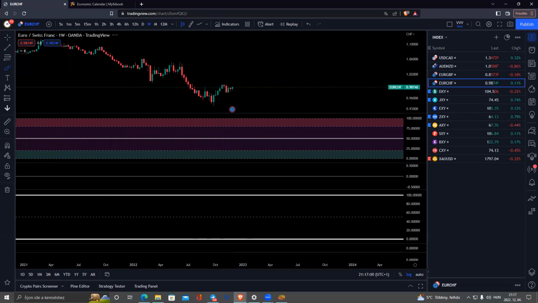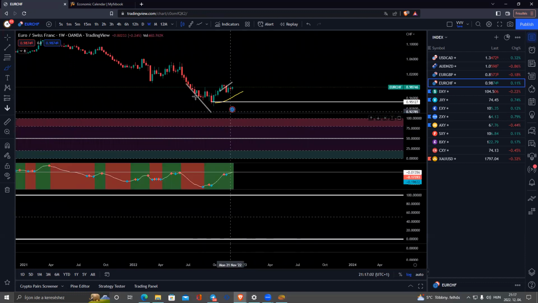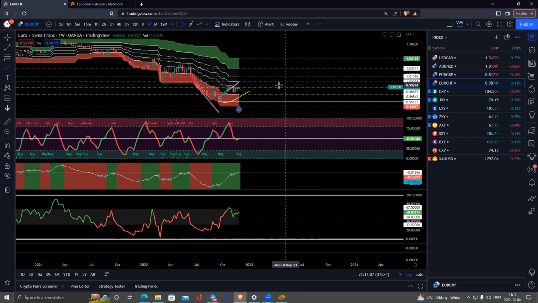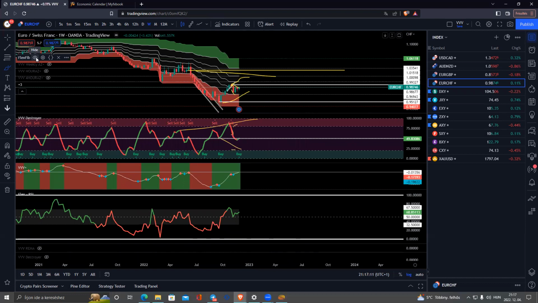Okay, so next pair. Yes, I drew it here a divergence, possible divergence, which is made actually.